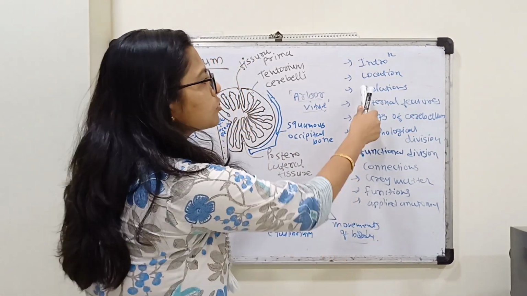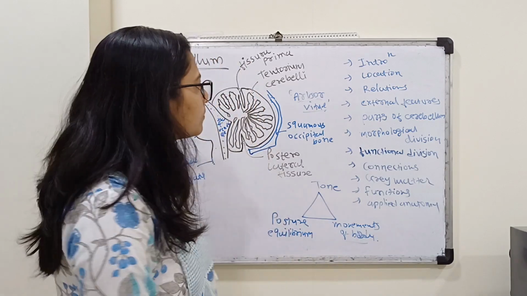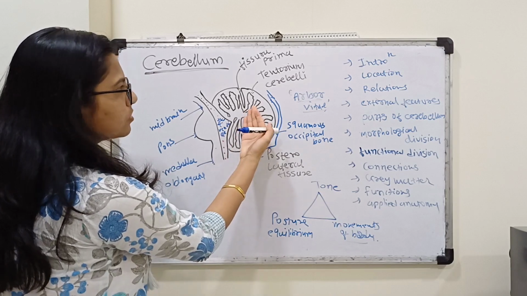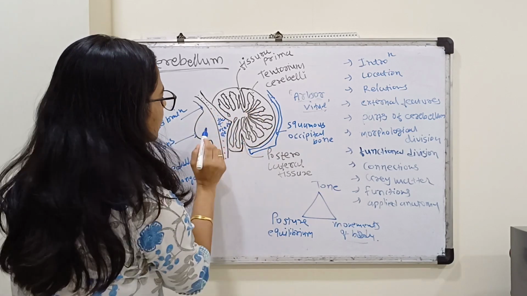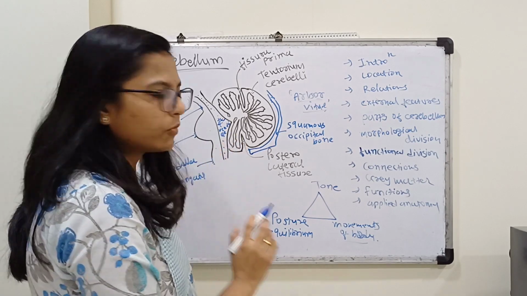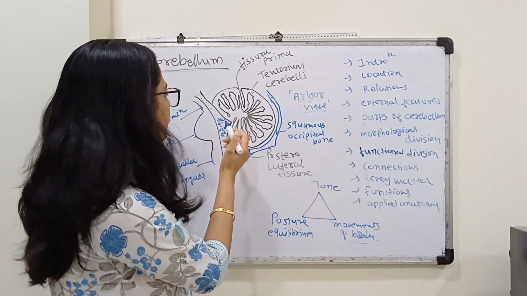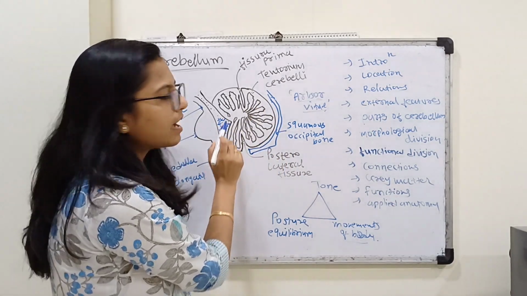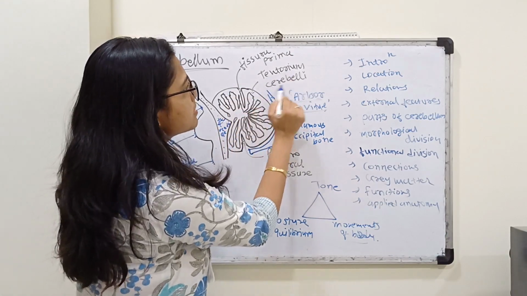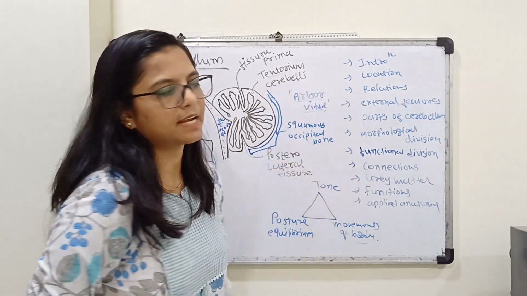Now next point, the relations of the cerebellum. Anterior to the cerebellum, we can see the pons, medulla oblongata and fourth ventricle. Superiorly, the structure present is the tentorium cerebelli.